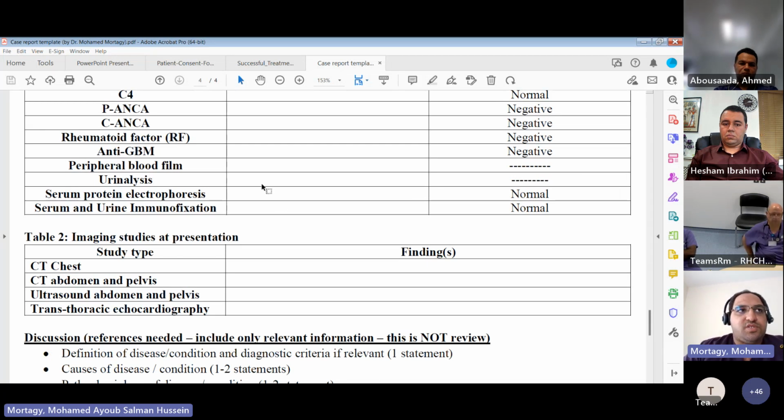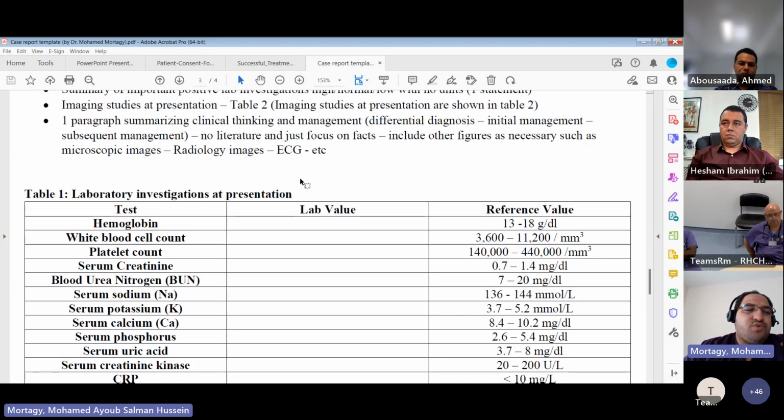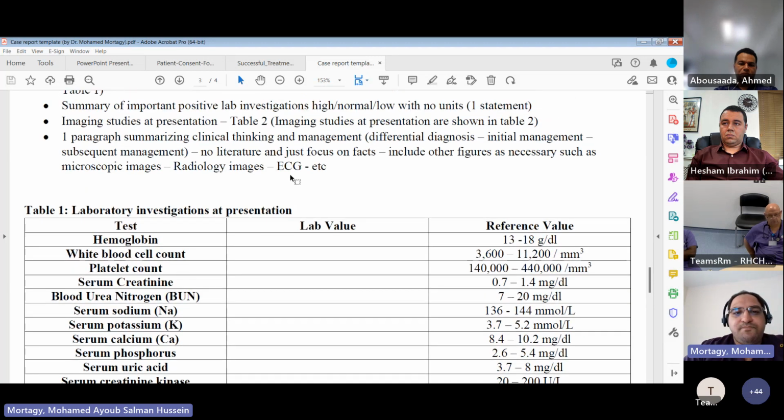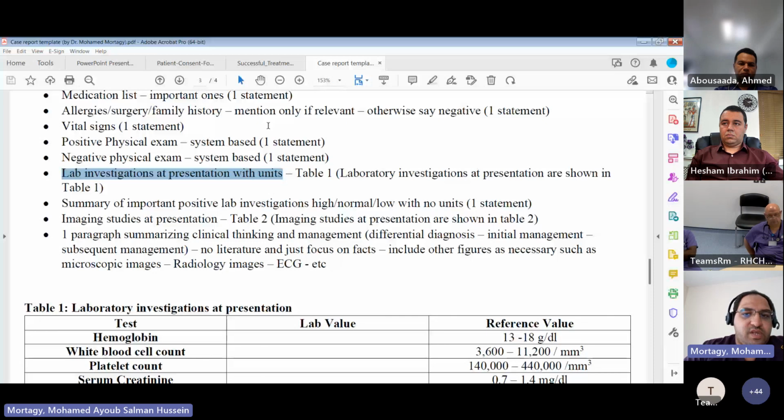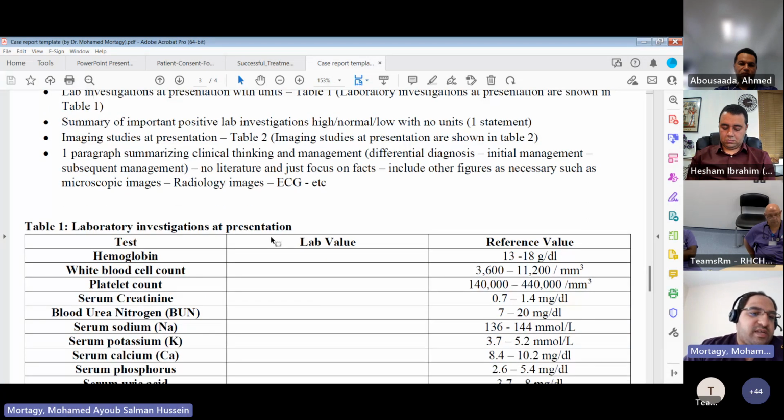And then you can also add some figures about is there any X-ray, CT, MRI, biopsy, histology, anything like that. So usually two tables, three figures, that's what you need. If you included that table, you don't have to mention all the investigations again in your paragraph.